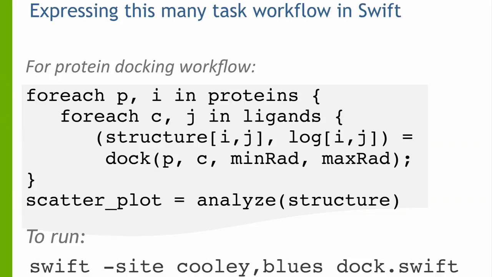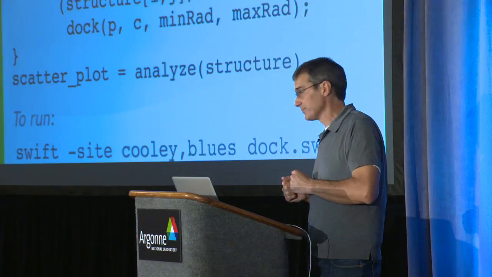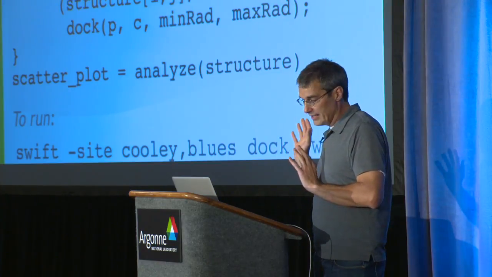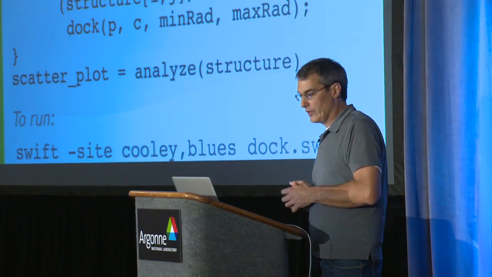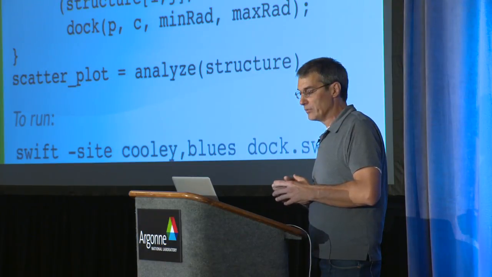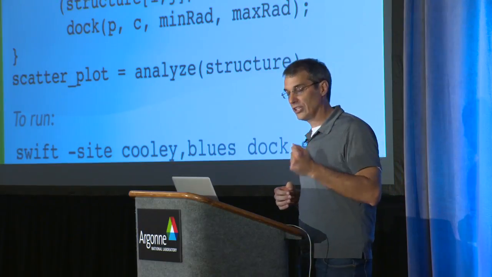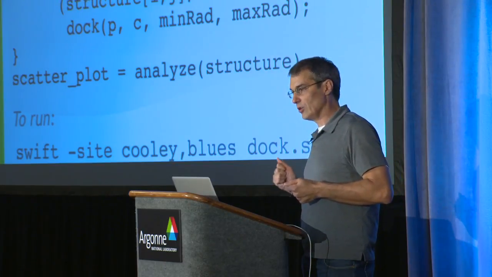The foreach loops are saying for each protein and its index, and for each ligand and its index, we'll call this dock routine. The dock is taking the proteins and the ligands and some additional data for the job, and the results are stored in an associated doubly indexed structure array and a log array. So each job that's run is returning these, right?